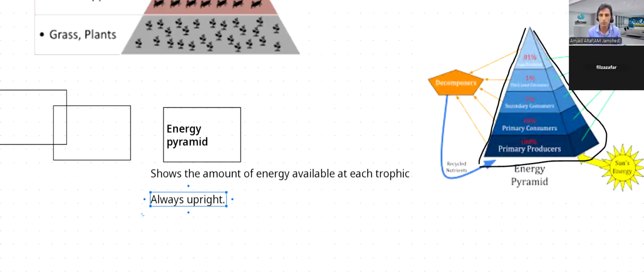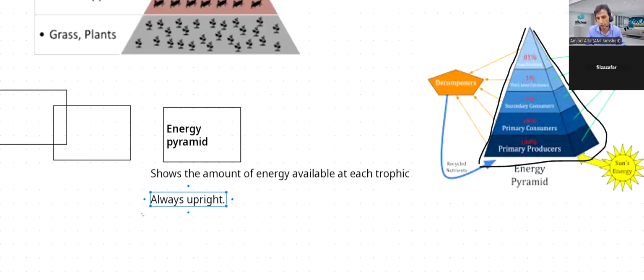Animals such as buffaloes and cows are primary consumers because they are directly dependent on primary producers like the grass, the leaves and all the grain plants, right? And then we can go to the tertiary consumers, and then quaternary consumers. This is how the whole cycle goes on, and you will see the 100% energy is present at the primary level, and then it gets reduced. So that's why it is always upright.